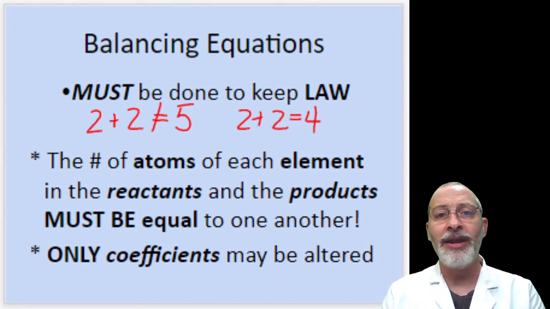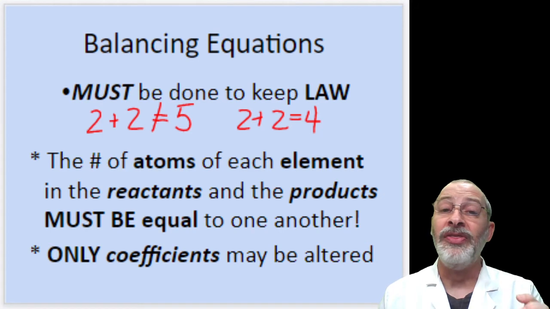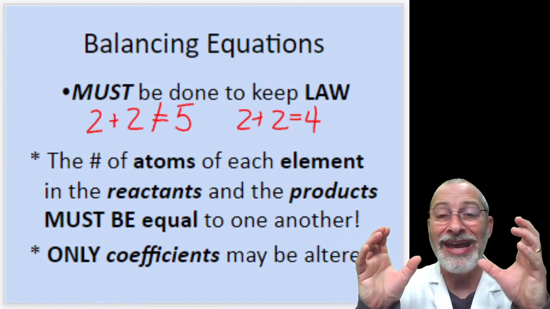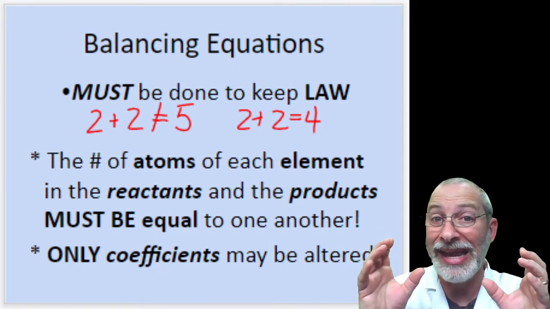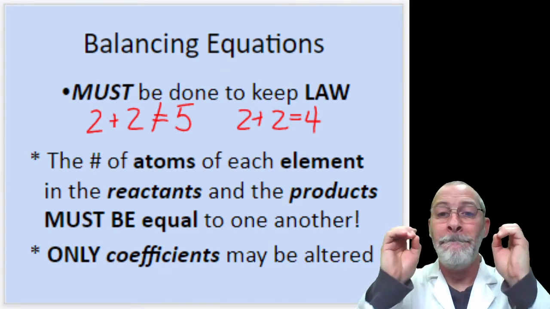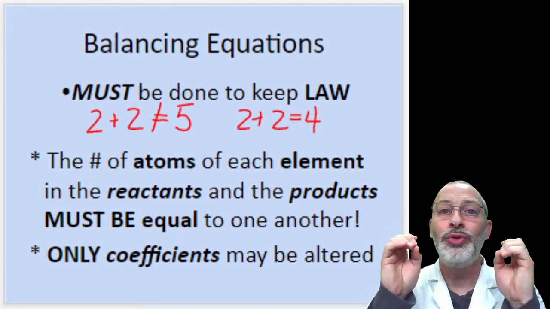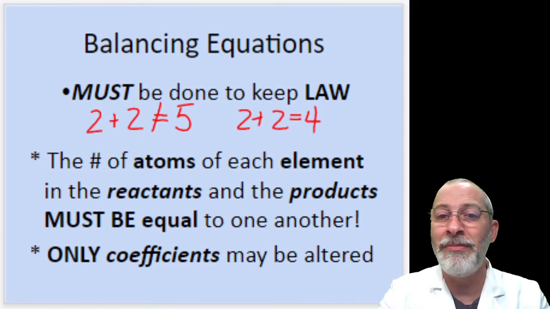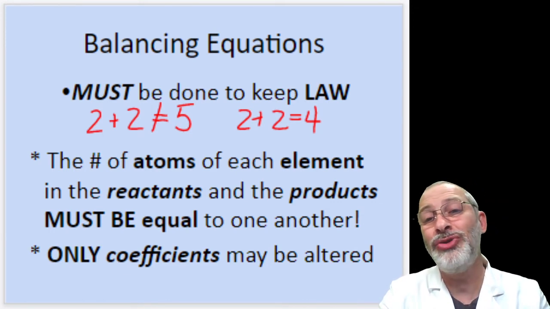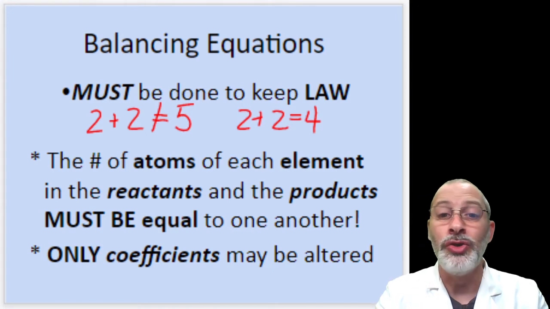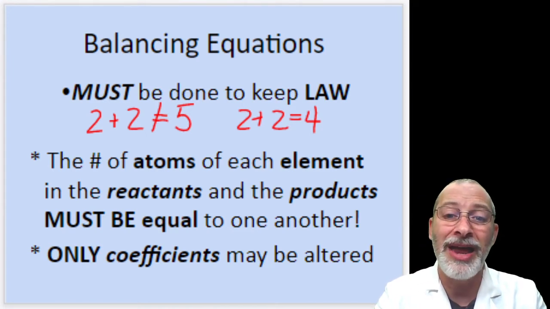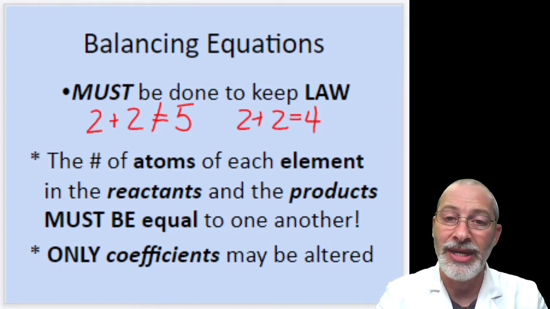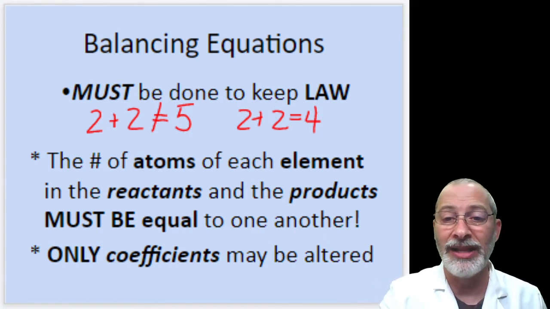So the number of atoms of each element in the reactant side that we talked about before and the product side in any chemical equation must be equal to one another. You have to have the same number on the left as you have on the right. You must have the same number of atoms in the reactants as you have in the products. It is a law that cannot be violated.